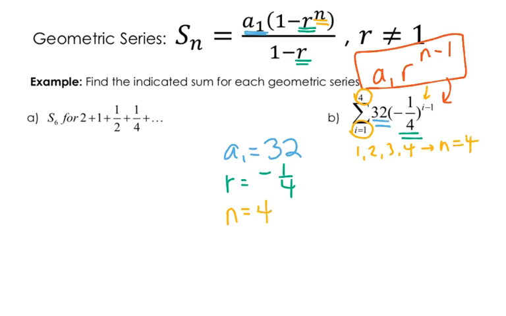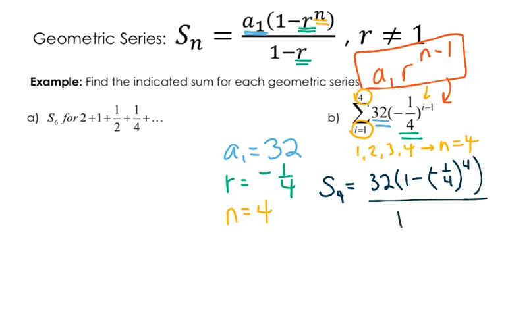So now I have all 4 of those. I'm just going to plug this into my sum formula. So the sum of the first 4 terms is equal to a sub 1 is 32, 1 minus negative 1/4 in parentheses to the nth power, n is 4. All of this divided by 1 minus r.